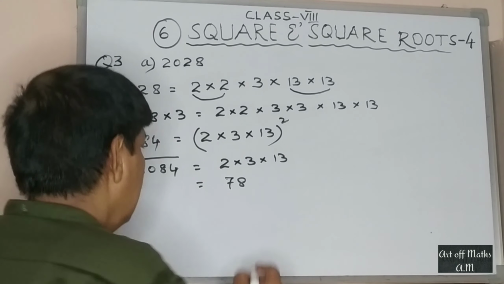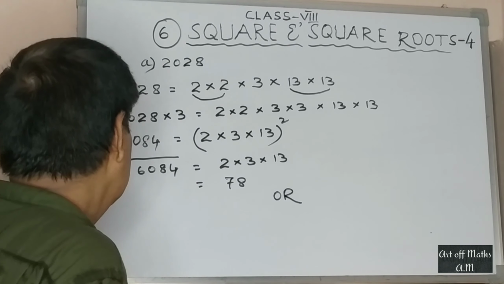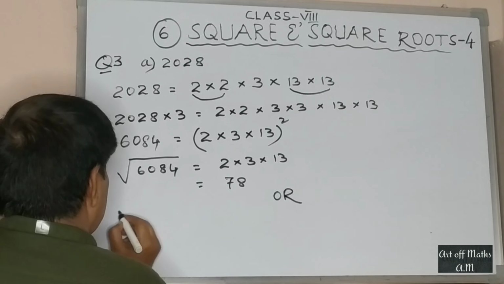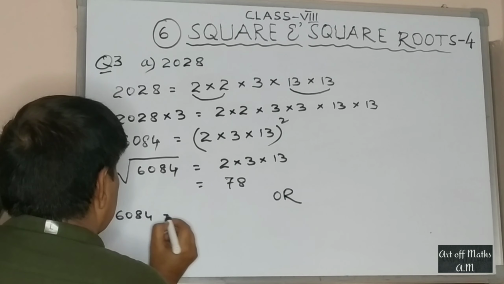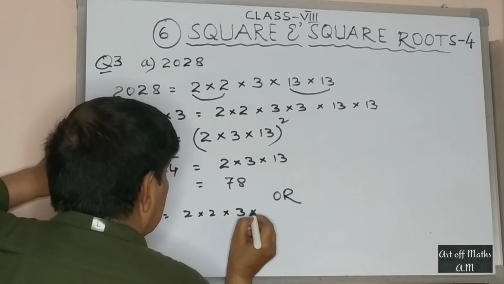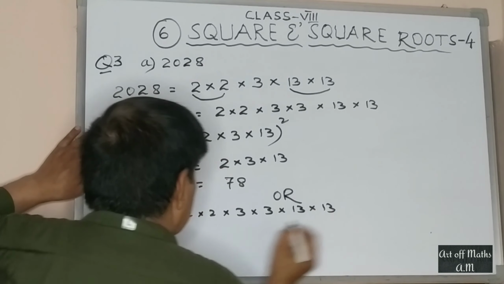Now here, or we can follow it this way also. Now 6084 equal to 2 into 2 into 3 into 3 into 13 into 13.